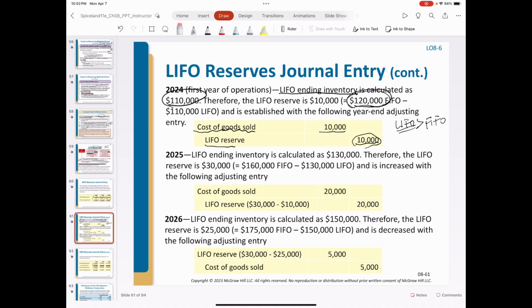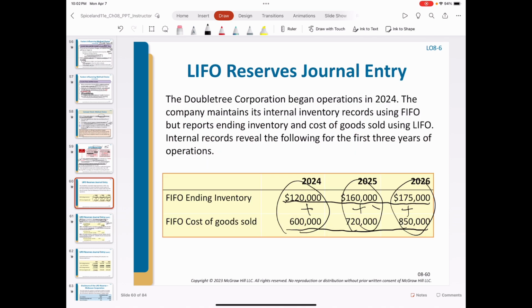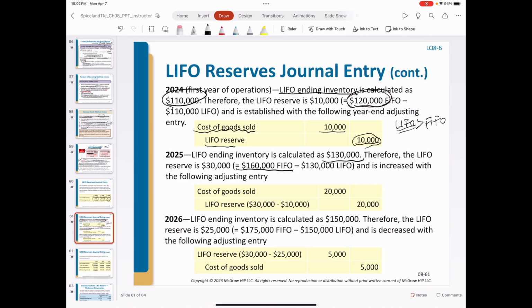In the second year, LIFO inventory was 130. FIFO was 160. So the difference will be 30,000. But since there was a 10,000 balance, we only make a 20,000 adjustment.